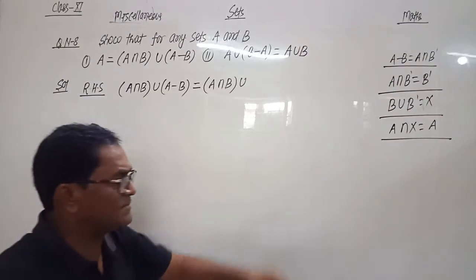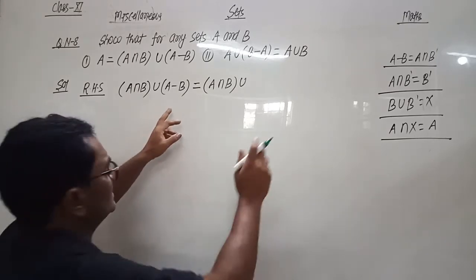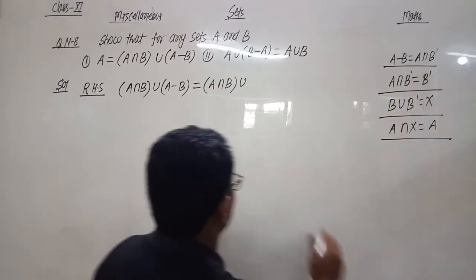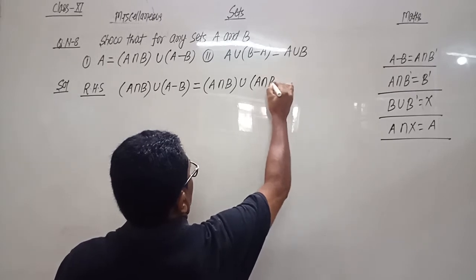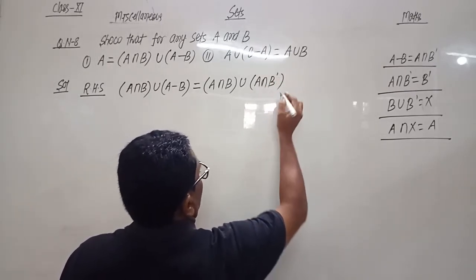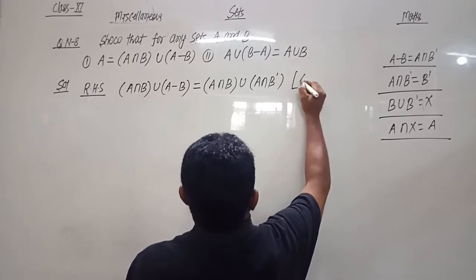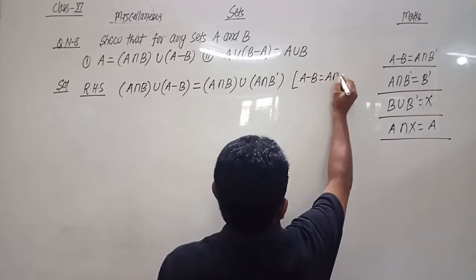We have derived the result: A minus B is always equal to A intersection B dash. So in place of A minus B, we write A intersection B dash. In the bracket, you may write that A minus B equals A intersection B dash.